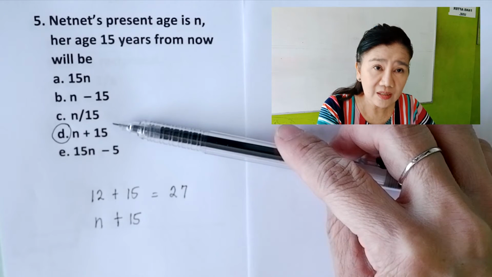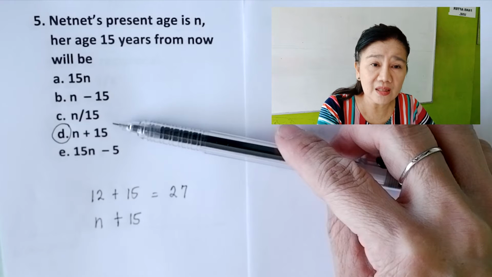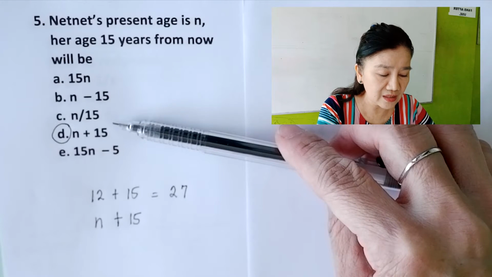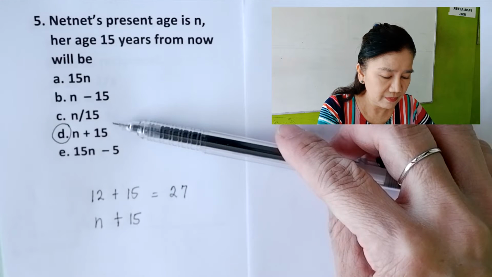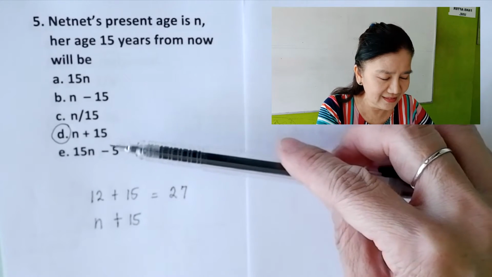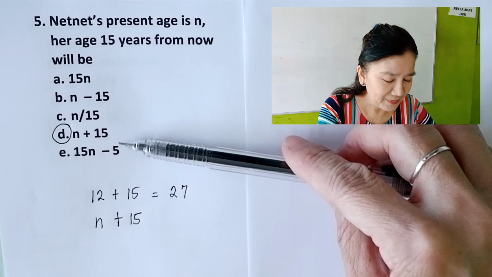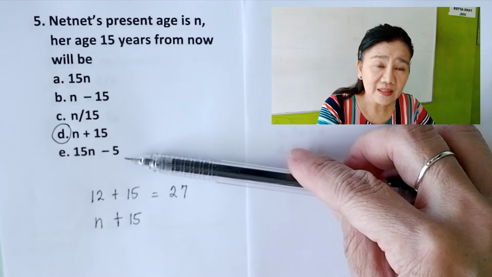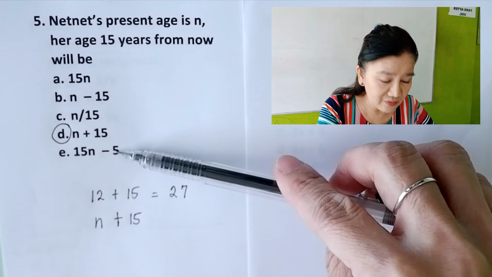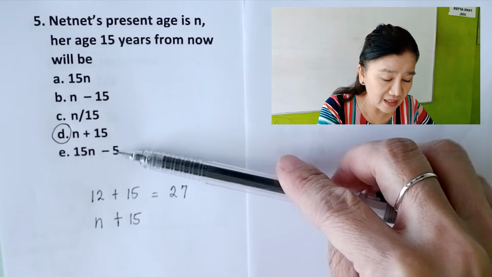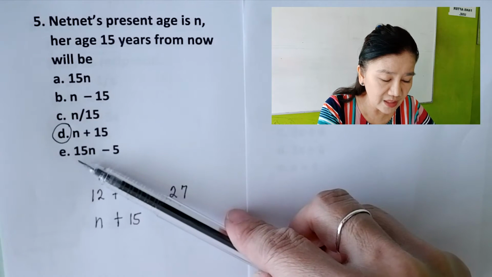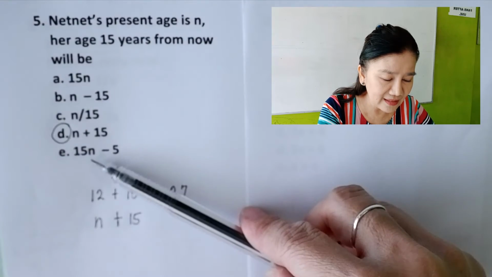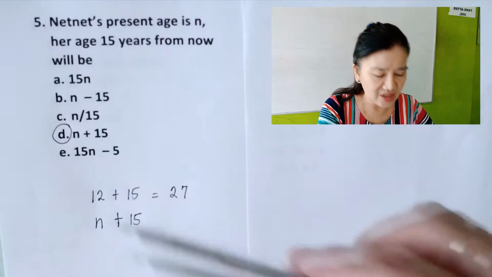Letter C, 1 over 15 of Net's present age. Okay, so letter E, this is 5 less than 15 times Net's present age.